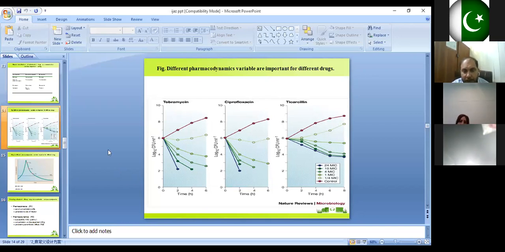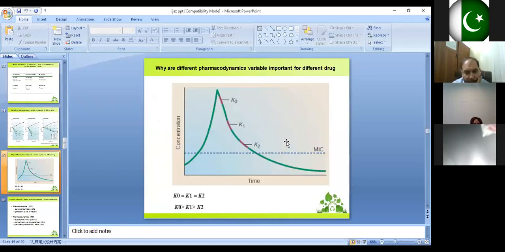Next is also a time dependent antibacterial drug.